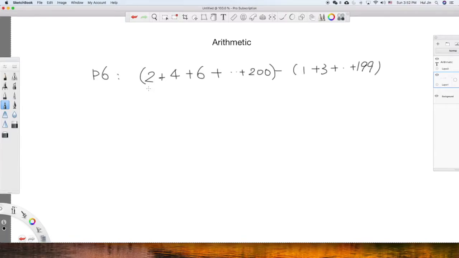To think about it, there are two ways. One is you really can calculate this directly. In fact, 2 plus 4 plus 6 plus all the way to 200 is very similar to 1 plus 2 plus 3 up to 100, except every number is doubled.